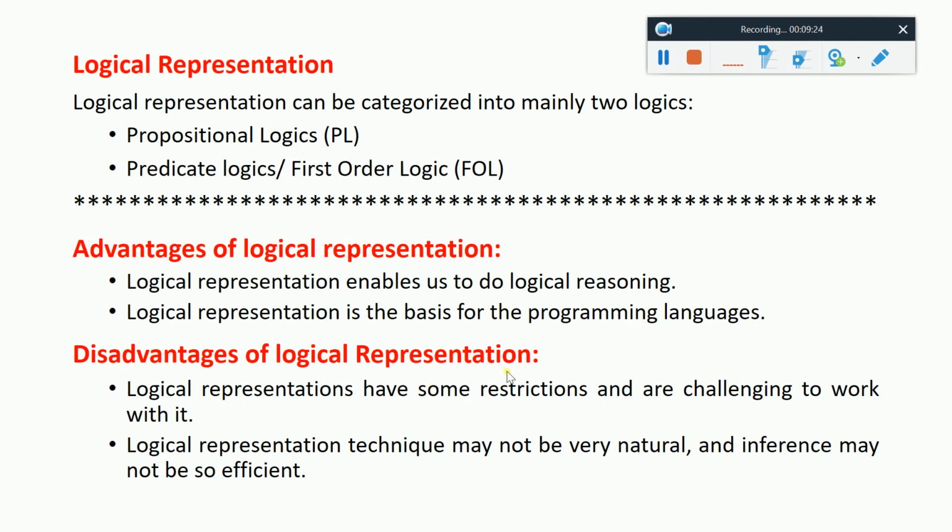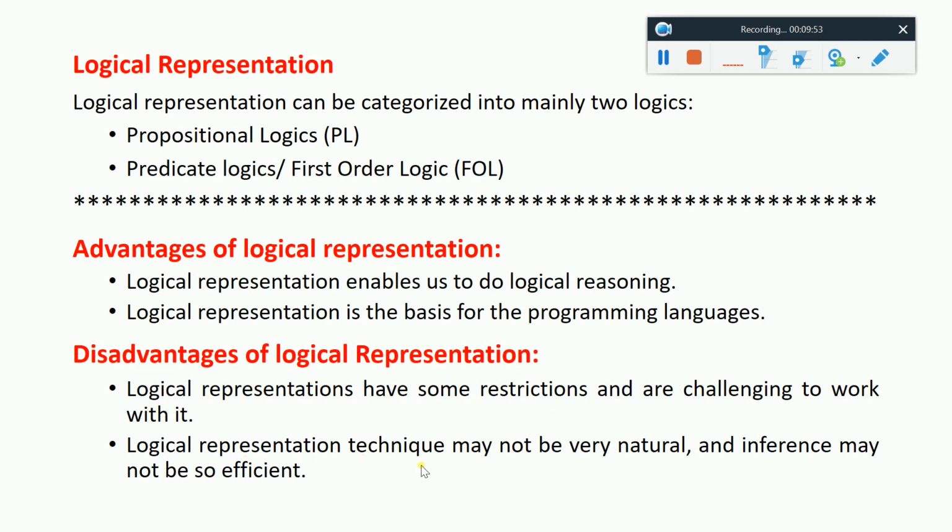The disadvantages of logical representation are the restrictions, and that it is challenging to work with. Because if I am representing the whole real world through a machine, then obviously I will face various restrictions, and how to work with those restrictions would be a challenging task for any logical representation.